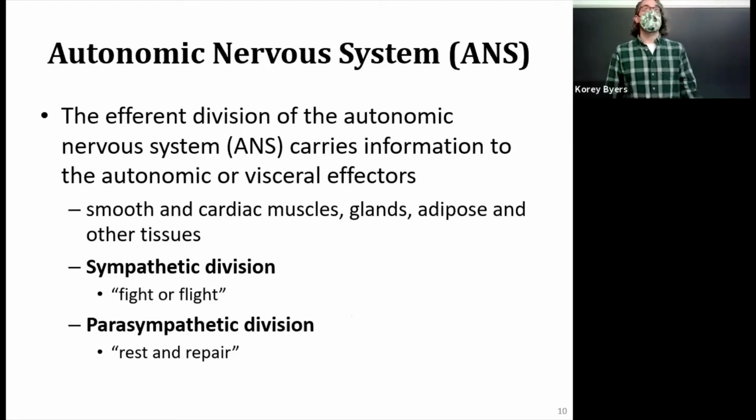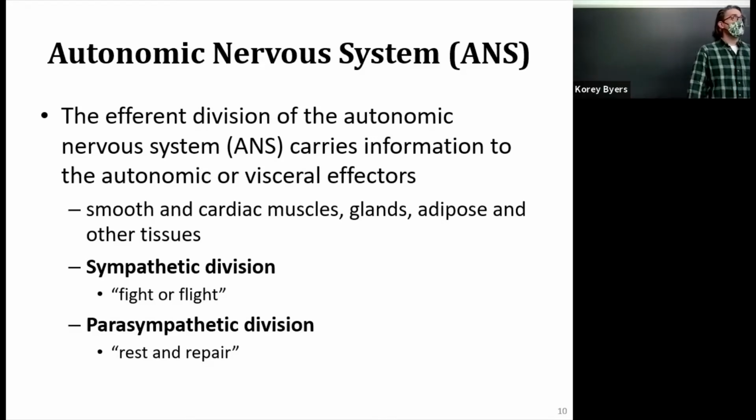Oppositely, we also have the background processes, the things that we don't necessarily have direct control over and we wouldn't want control over. And so we call this the autonomic nervous system. If you think autonomic, automatic. And so the efferent division of the autonomic nervous system is carrying info to the autonomic or visceral effectors. Do you remember what visceral means? Like viscera? Like visceral pleura, visceral pericardium.